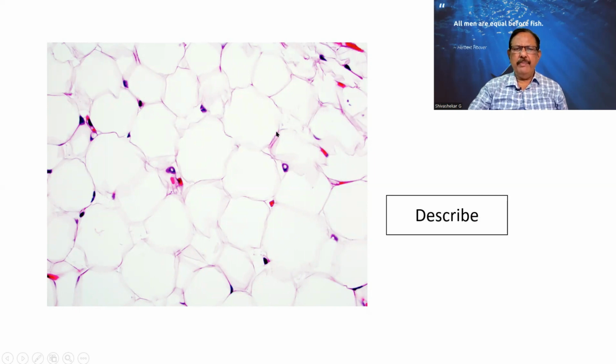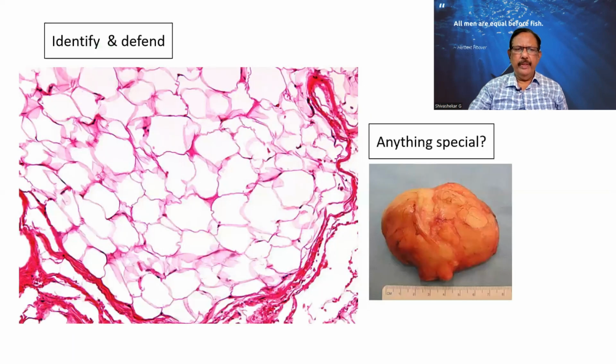And in some cells, I can see a thin rim of cytoplasm. Maybe in some areas, I can see connective tissue. Look at this. This is a blood vessel. Probably there is a thin connective tissue that is supporting the entire tissue. So this is another blood vessel over here. That is how you people should describe.